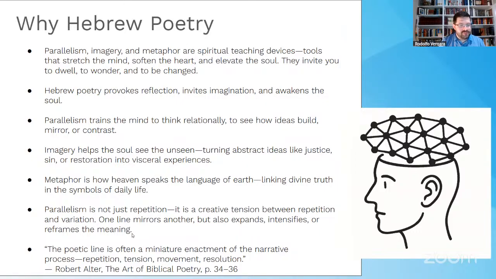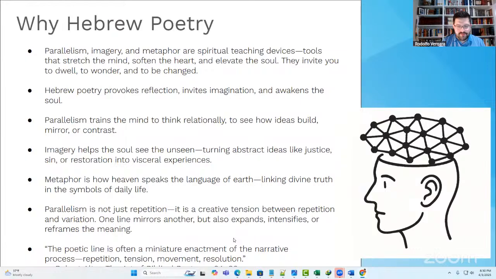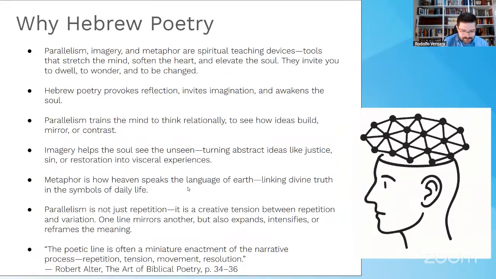So you can go on through the slide, and at the end, I have a quote here from Alter at the very last point: the poetic line is often a miniature enactment of the narrative process: repetition, tension, movement, resolution.